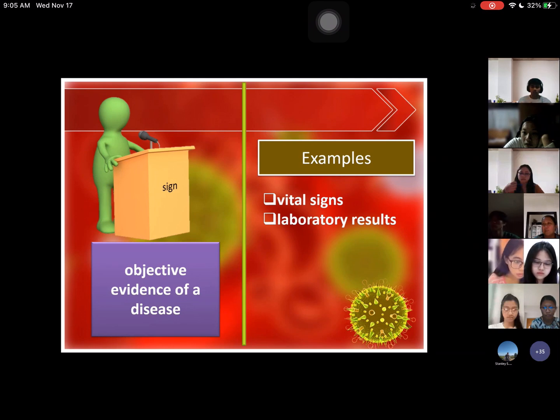It can be monitored and observed by the healthcare professionals, the nurses, the physicians. The laboratory results can also be read by the doctors, and seen by the nurses and the medical technologists. So these are the examples of the signs.